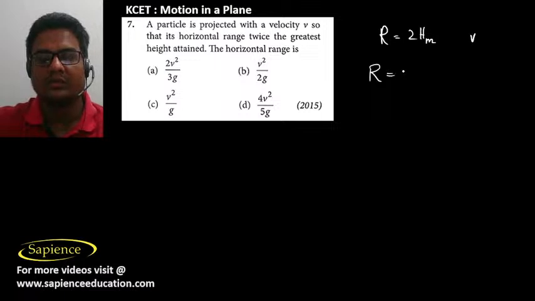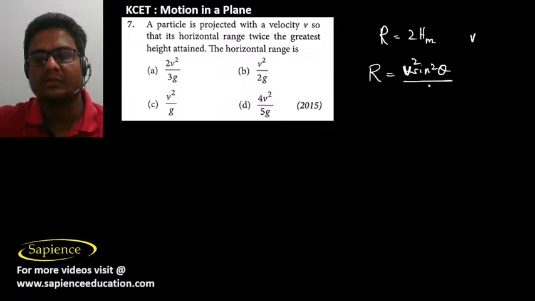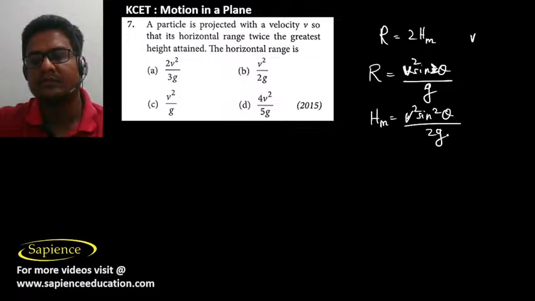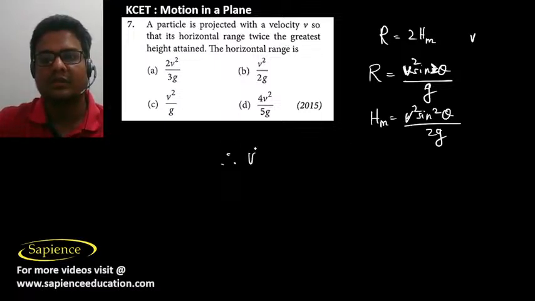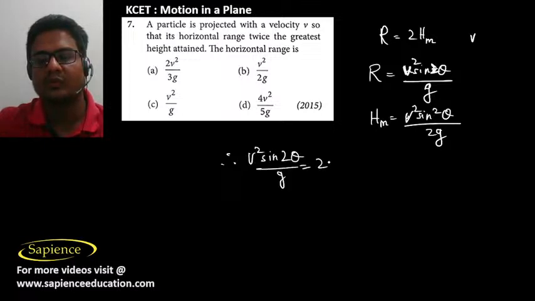So the horizontal range will be v square sine 2 theta by g, and the maximum height will be v square sine square theta by 2g. So now it is told that the range, which is v square sine 2 theta by g, is equal to twice the maximum height, which is v square sine square theta by 2g.